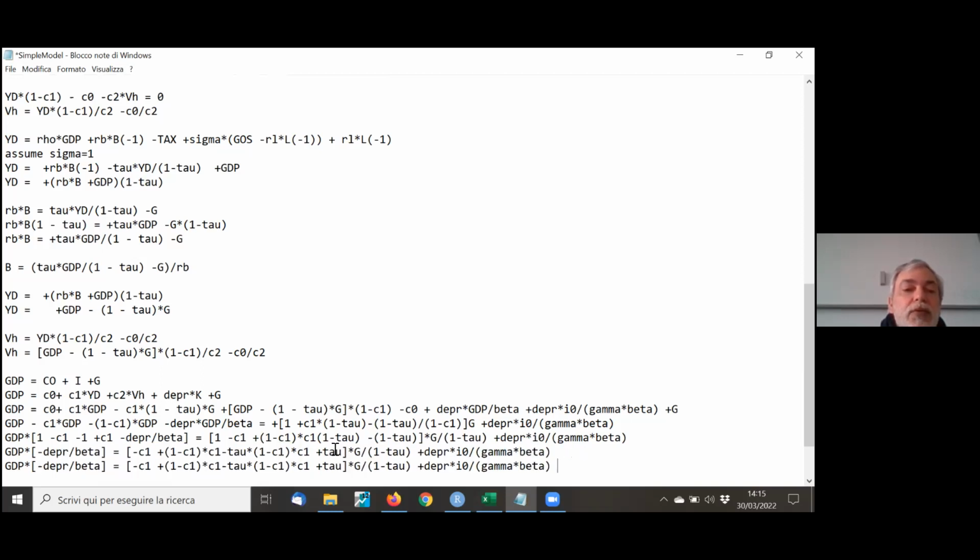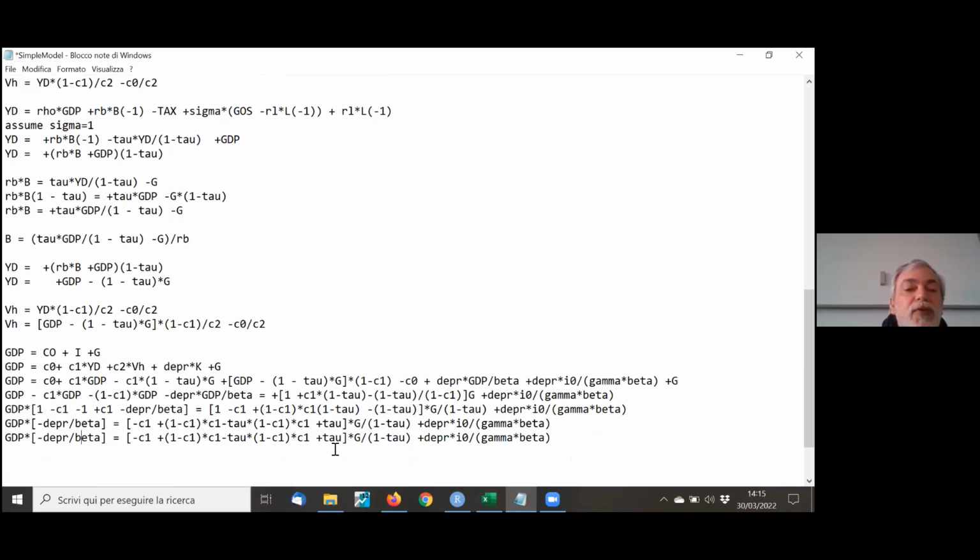Let's go down to try to avoid making mistakes. So this now becomes 1 times C1, and this becomes plus C1 squared. And here tau, no, this I don't think will simplify.